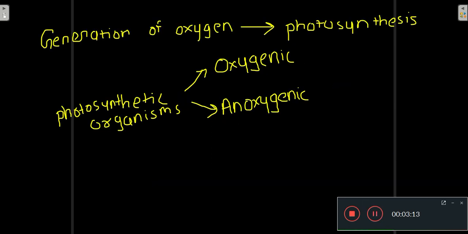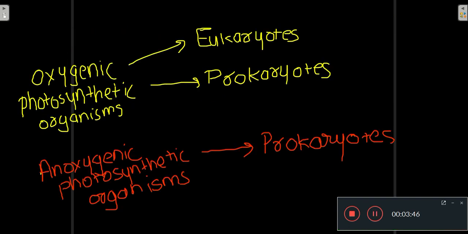Now, on the basis of oxygen generation during photosynthesis, the photosynthetic organisms are classified as oxygenic and anoxygenic. So there are two types of photosynthetic organisms: oxygenic photosynthetic organisms and anoxygenic photosynthetic organisms.